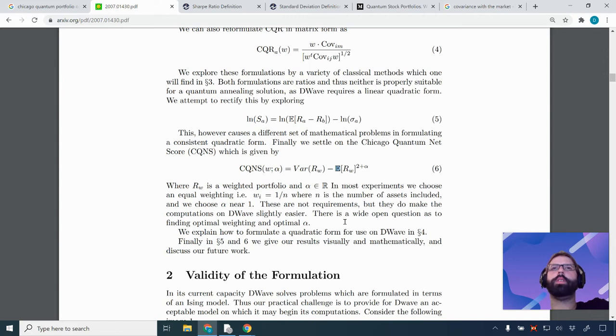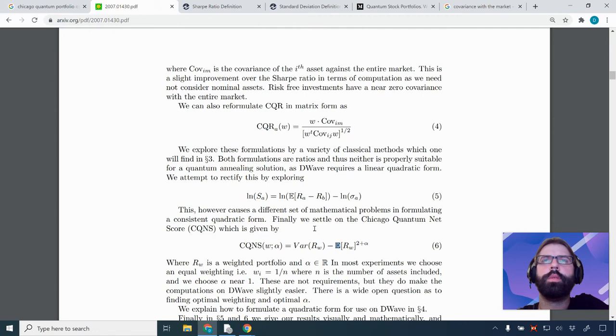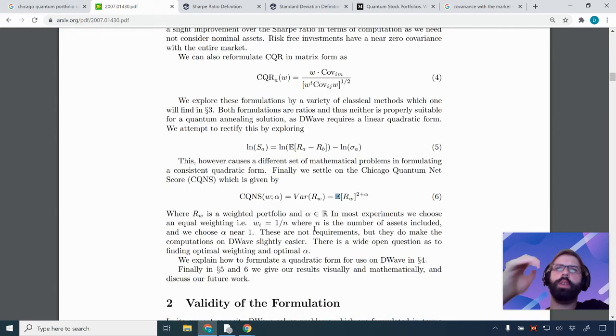So the variance of the portfolio minus E of the portfolio, to the power of 2 plus alpha.